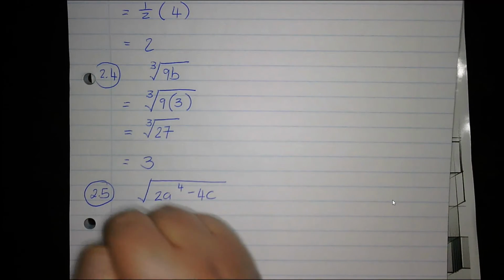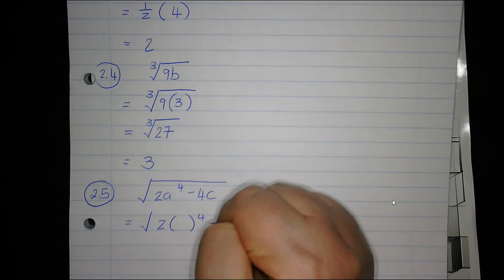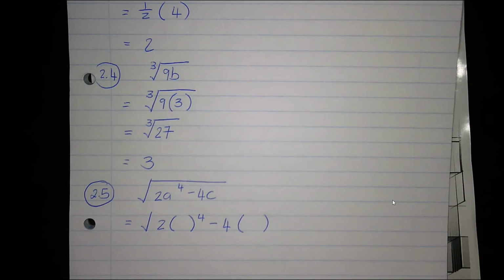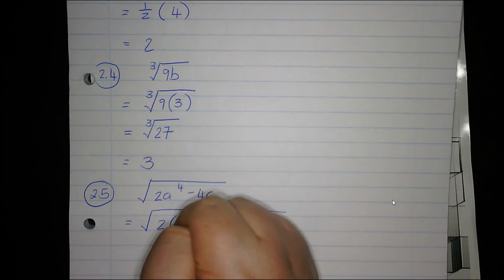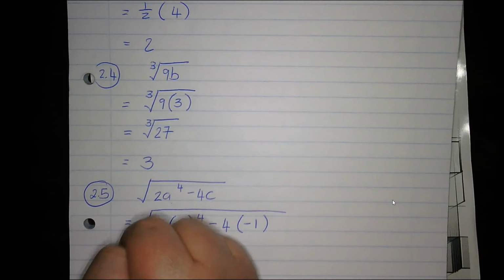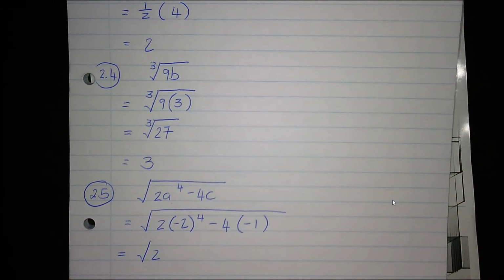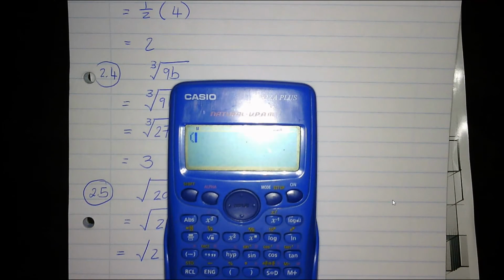That's the square root of 2 and then a to the power 4 minus 4 times c, and that's all under a root. We said a is -2 and c is -1.